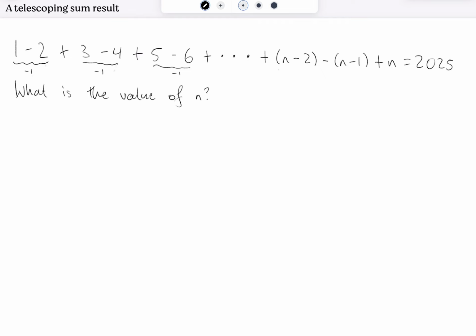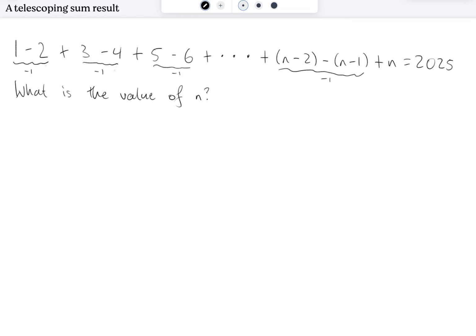And then if we pair these two terms, the third last and second last terms, that will give us negative 1 as well, because we know the pattern continues, but at the end, we add the value of n. So the question you should be asking is, how many times are we adding negative 1?